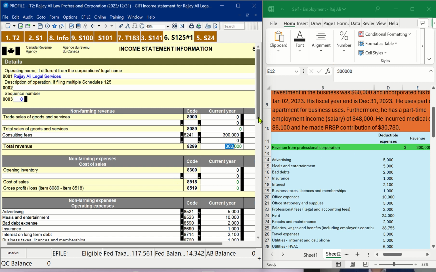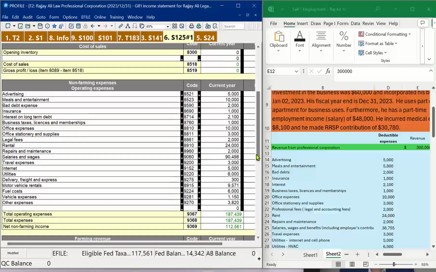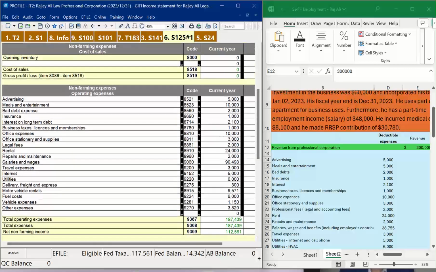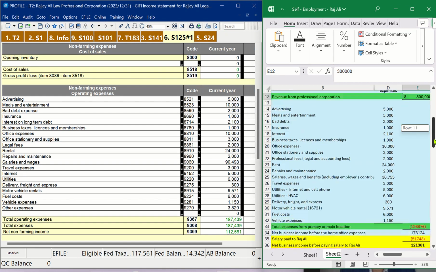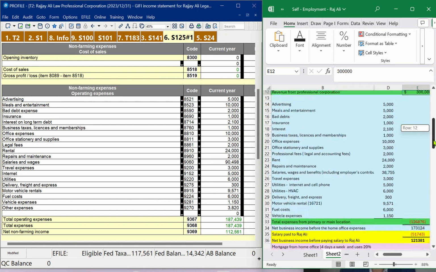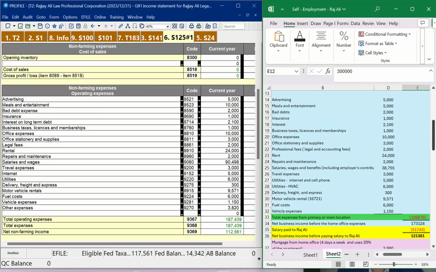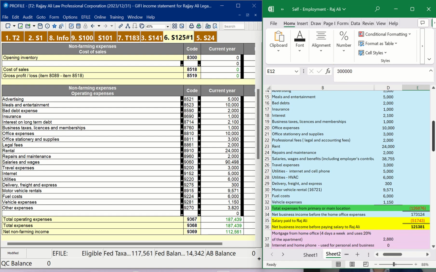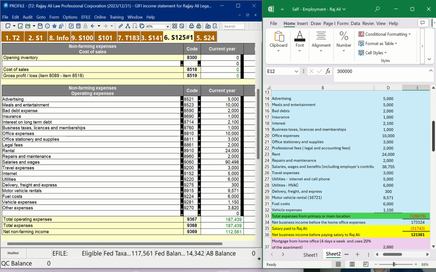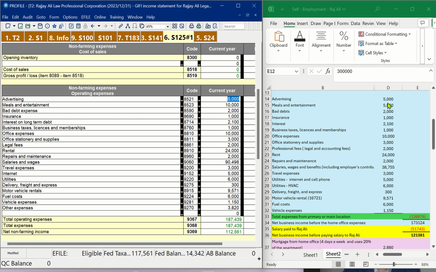And then I can go straight to the expense accounts right here. So this 5,000 is over here, you can see.